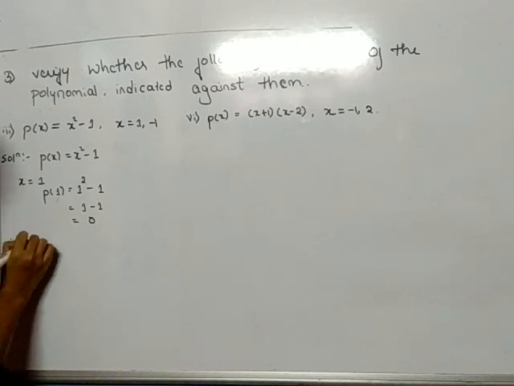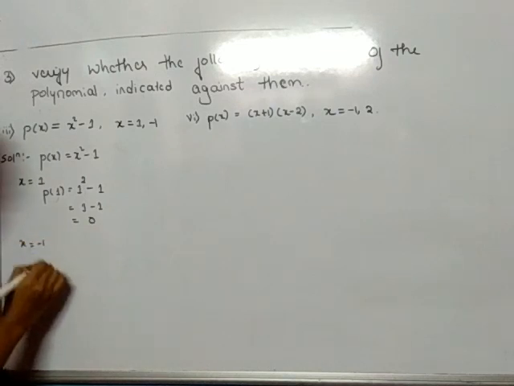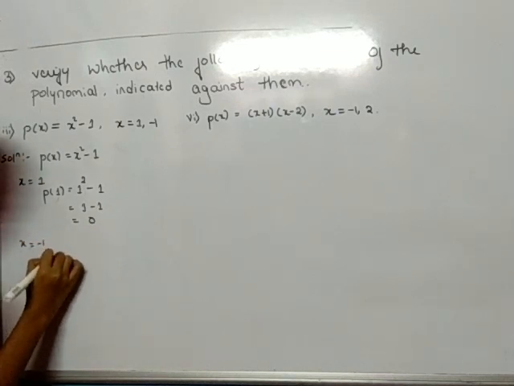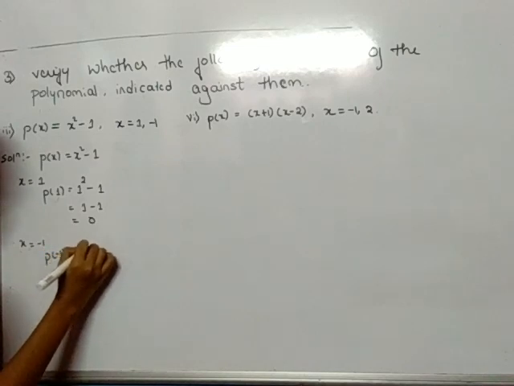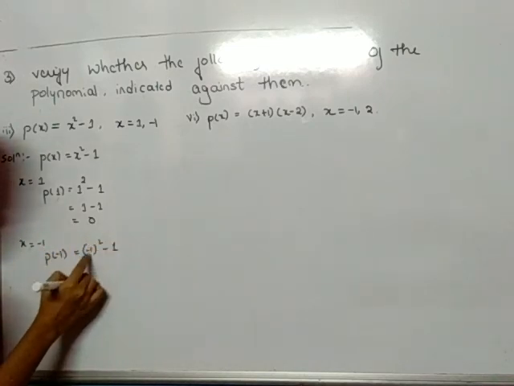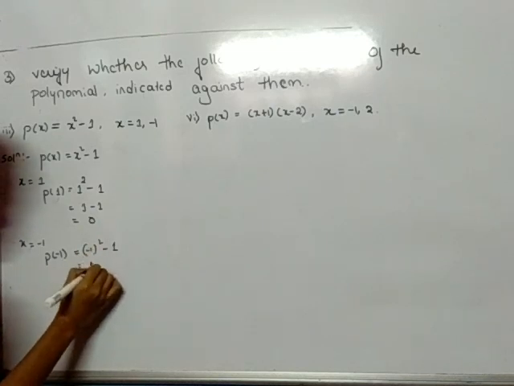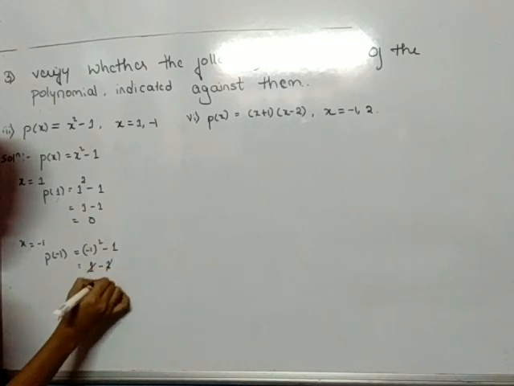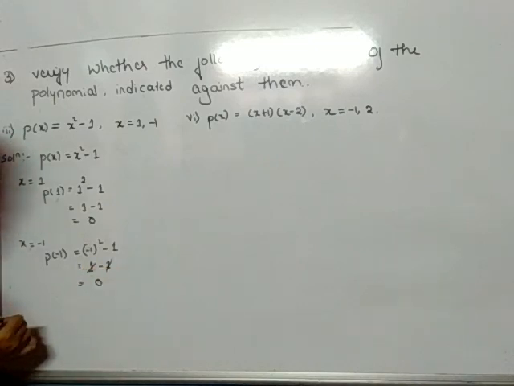Therefore, lastly we'll check for minus 1 also. X equals to minus 1. Then P of minus 1 is equals to minus 1 whole square minus 1. Minus 1 whole square means it is plus 1 minus 1. Again plus 1 minus 1 cancels. Remaining is 0.